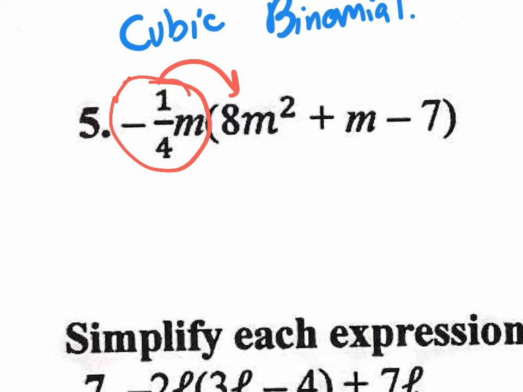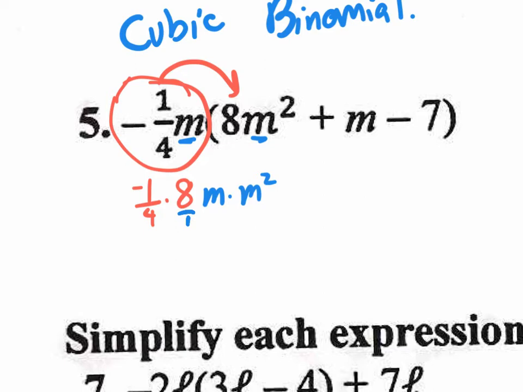So if you're really confused with this, actually show your work. You could say negative 1/4 times 8, and then you could put this m and that m together, say m times m squared. So when you look at the negative 1/4 times 8, you could put the 8 over a 1 and multiply top with the top, bottom with the bottom, and you'll get negative 8 over 4, which becomes negative 2.